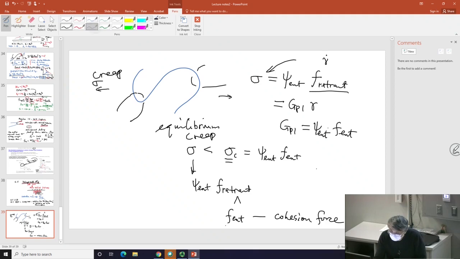A given chain, how much it can deform, it depends on the cohesion force. It can deform a level available, which is cohesion force. And so if you externally apply a stress higher than that, then it's impossible.